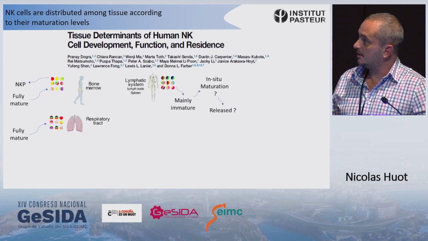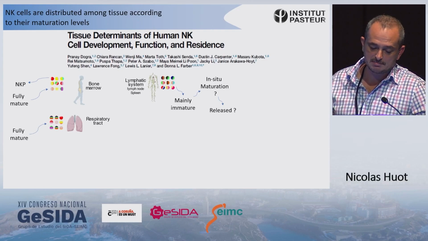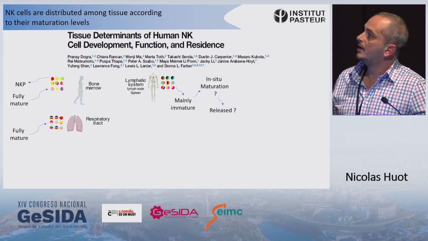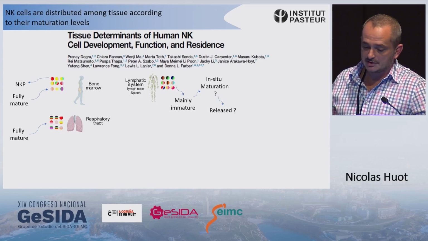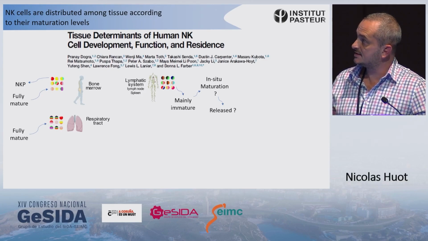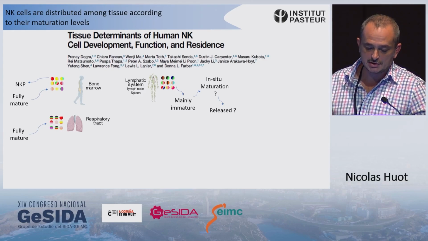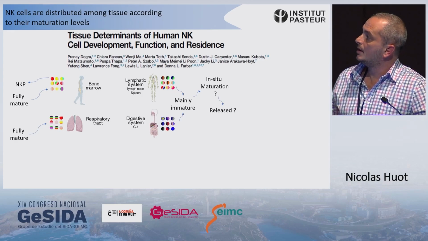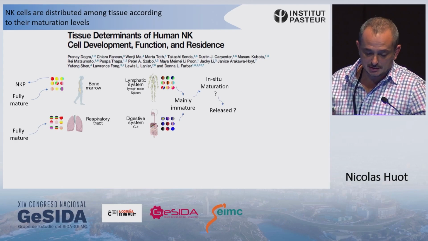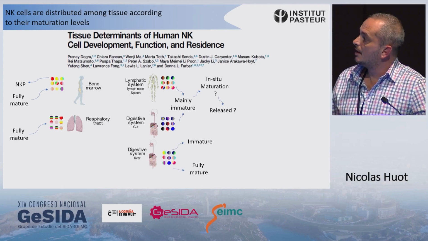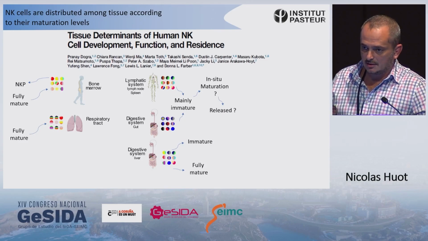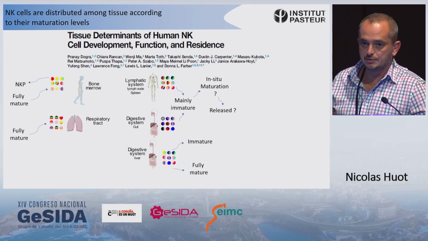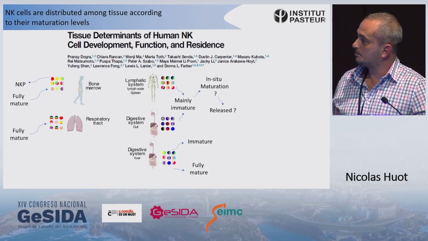In the lymphatic system, especially lymph node and spleen, they found mainly intermediate maturation stages of NK cells, suggesting that this tissue was the main tissue responsible for the full maturation. The digestive tract and especially the gut also play a role in the maturation process of NK cells. And the liver is, I would say, a particular tissue regarding NK cells because it was supposed that NK cells differentiate totally in this tissue.